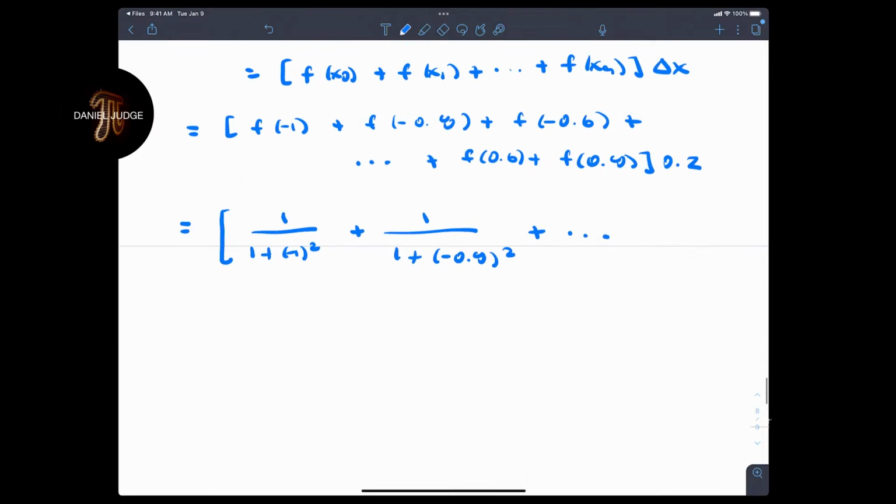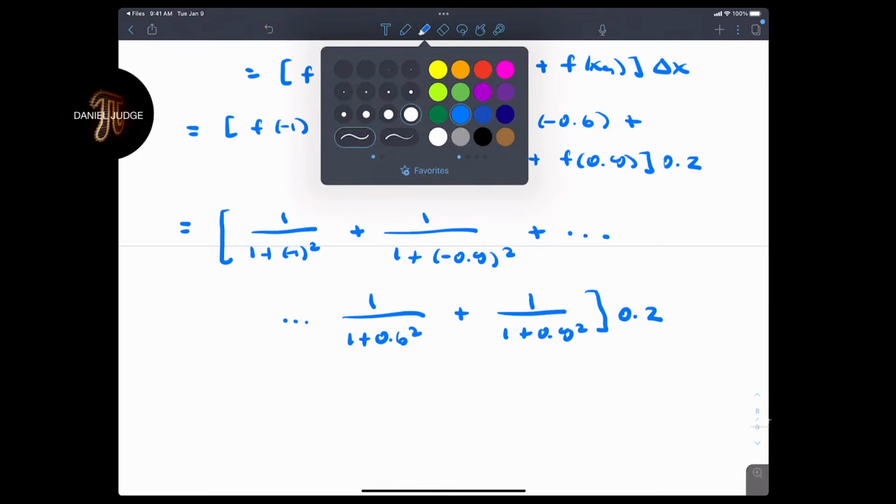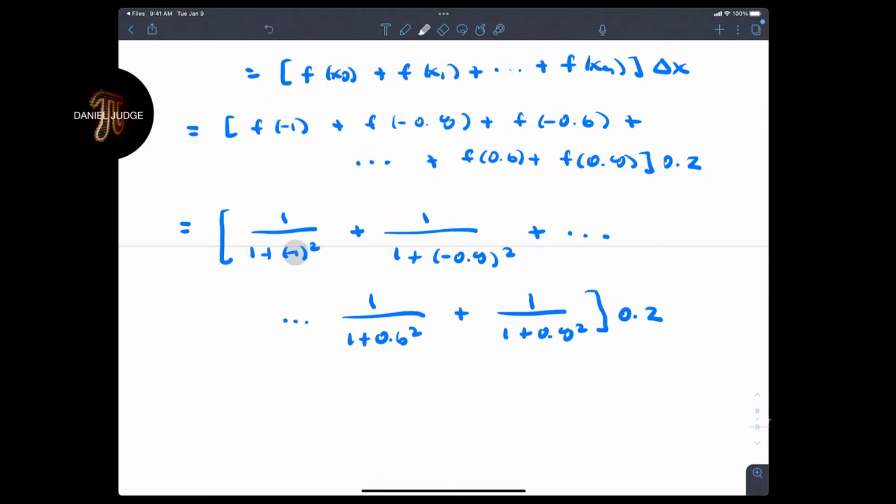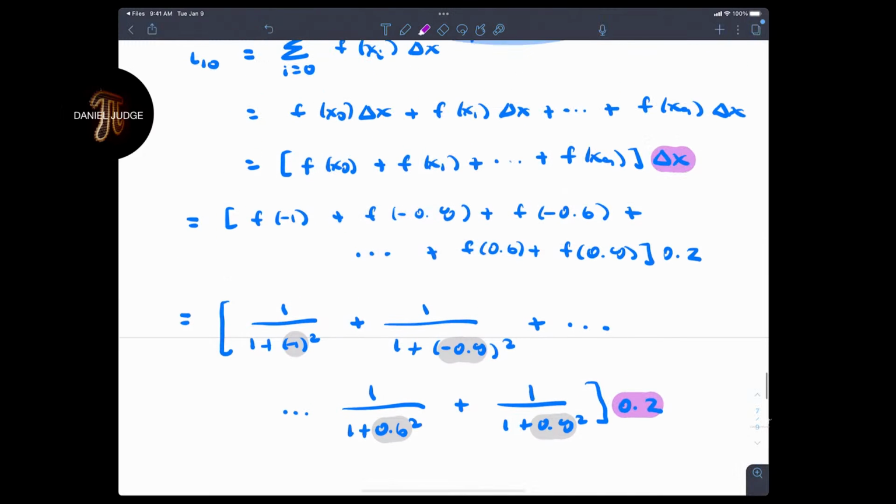Okay? All the way up to 1 plus positive 0.6 squared, 1 plus positive 0.8 squared times 0.2. So what you are seeing here in every one of these is that value squared. All the way up to that delta x of 0.2. So I'm going to color this purple maybe, so it stands out so we never forget that value.